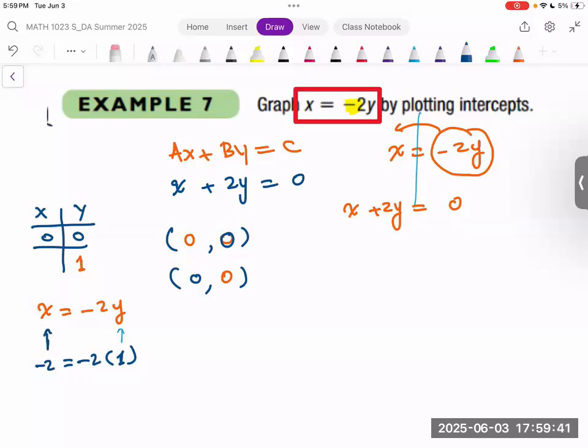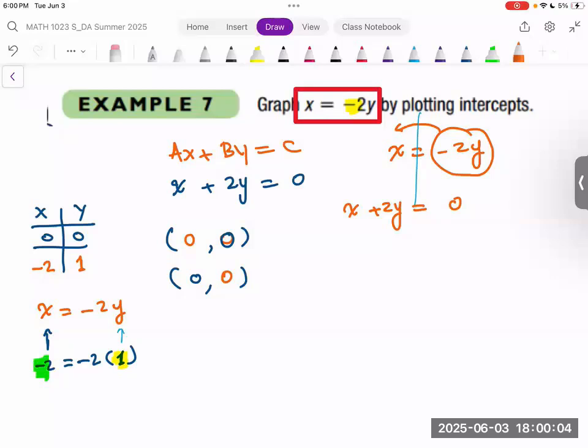Does it make sense? So what I'm saying here is, if y is equal to 1, the x should be equal to minus 2. Simple? So the next point that I'm looking for is negative 2, 1, right?